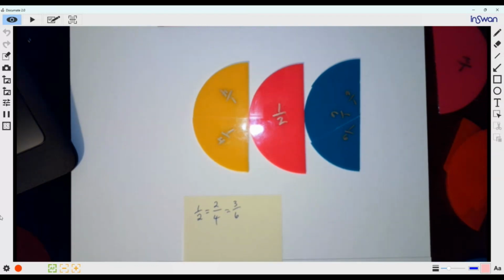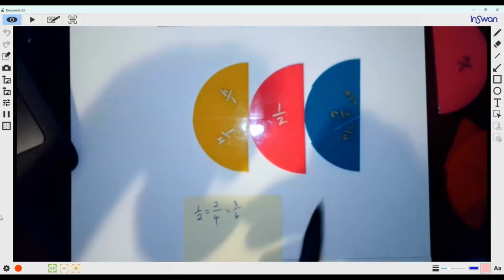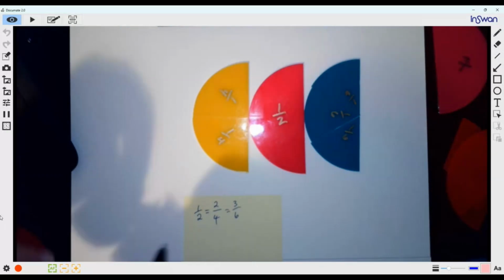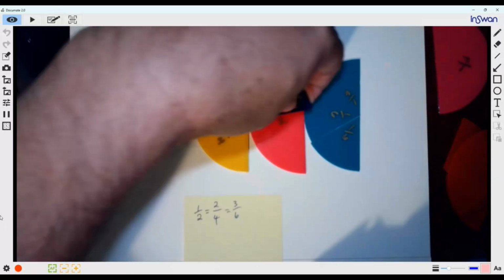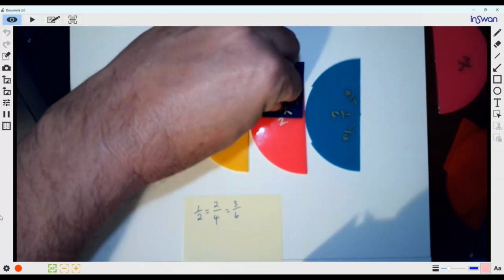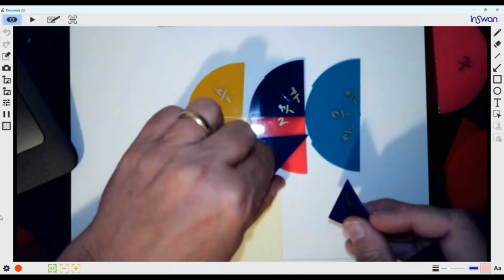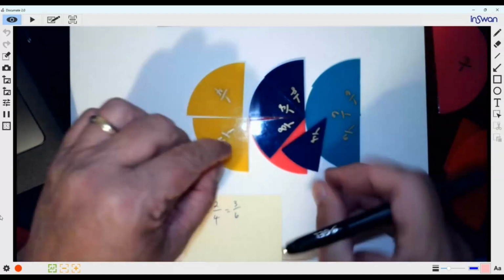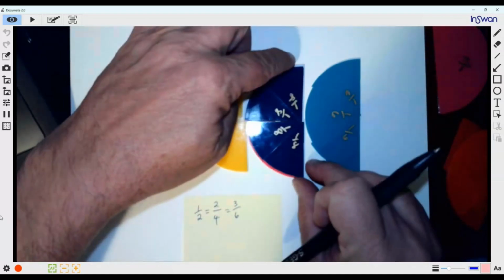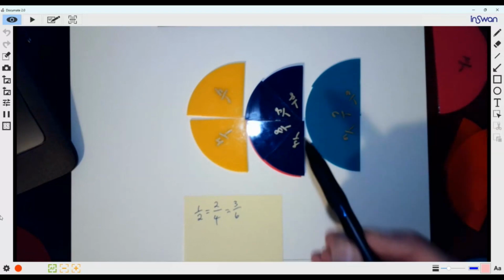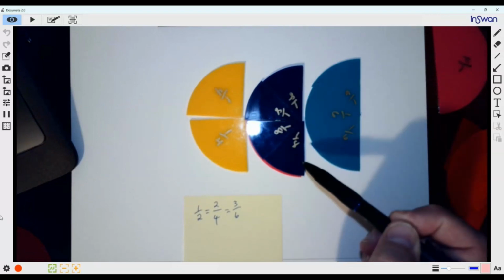Okay? I could go further and I could say, all right, if I took that 1/2 piece and I broke it up into 4 equal pieces, okay, so I've taken the half and I've broken it up into 4 equal pieces.